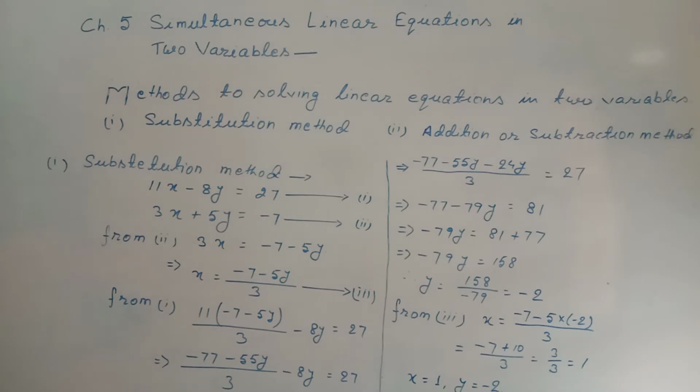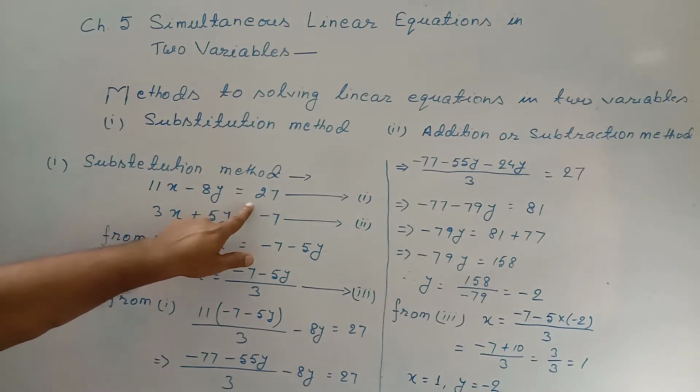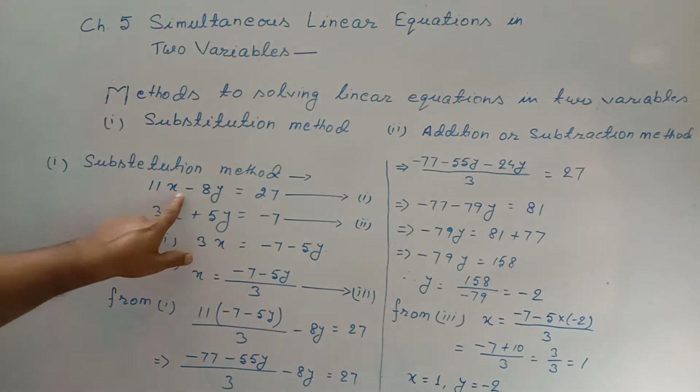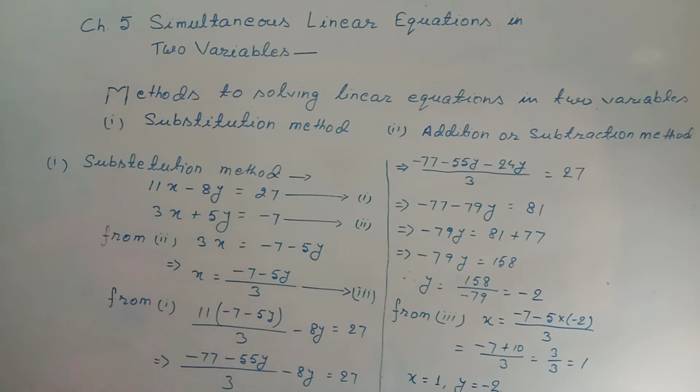Two variables means there should be any two variables, any two English alphabets such as x, y, a, b, l, m, like that. If you take the example of 11x minus 8y equal to 27, this is a linear equation of two variables in which the variables are x and y.